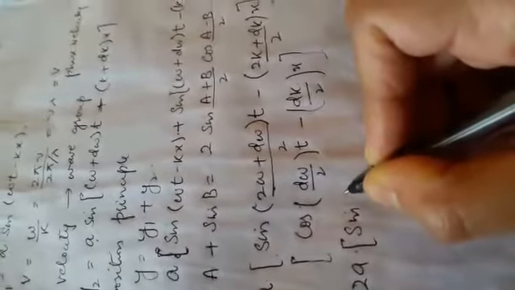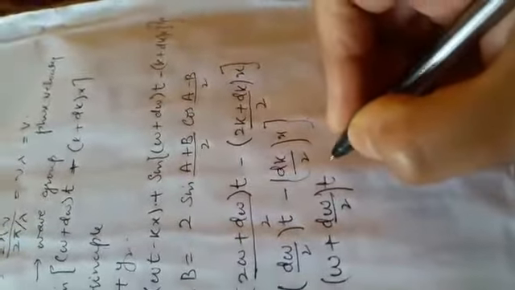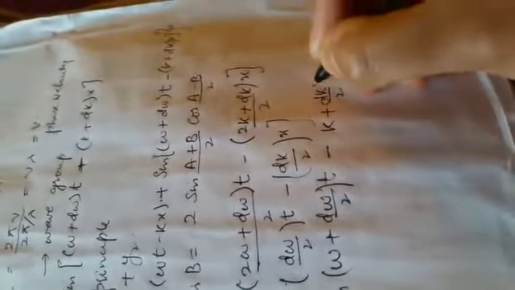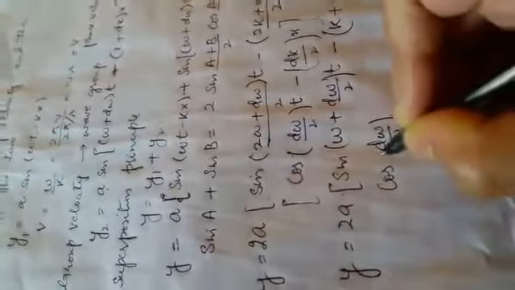We are left with sine of ((omega plus d omega by 2) t minus (k plus dk by 2) x), and the other factor will remain the same, that is cos of (d omega by 2 t minus dk by 2 x). Of course, we need to put all this in common braces because this entire thing forms the argument of cos.